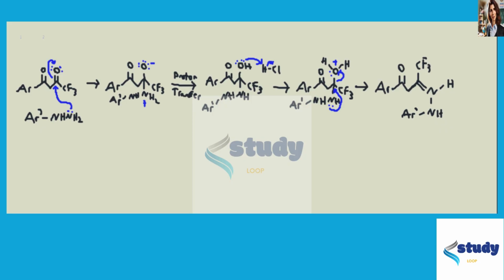Okay, and so of course this nitrogen is going to have a positive charge. It has 1 too many bonds. Okay, and so the next thing that's going to happen is deprotonation there. And that is going to be accomplished by an equivalent of water.